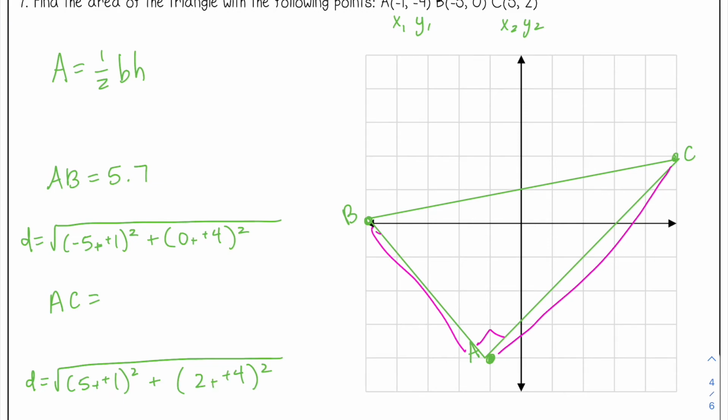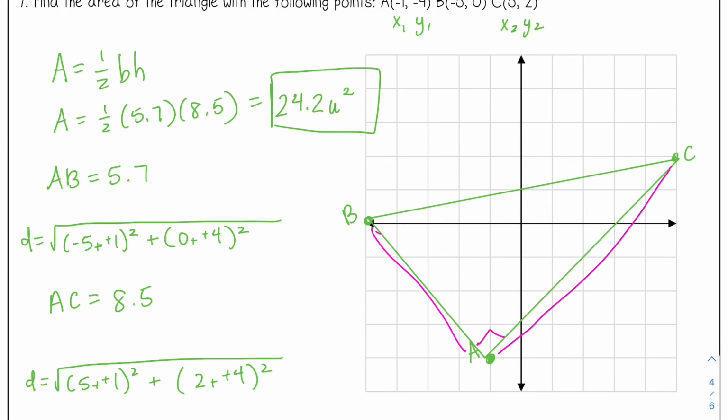And I got 8.5. So I'm going to substitute those two values into my area formula. It doesn't matter which is the base and which is the height because we're just multiplying. So that gives me an area of about 24.2 units squared.